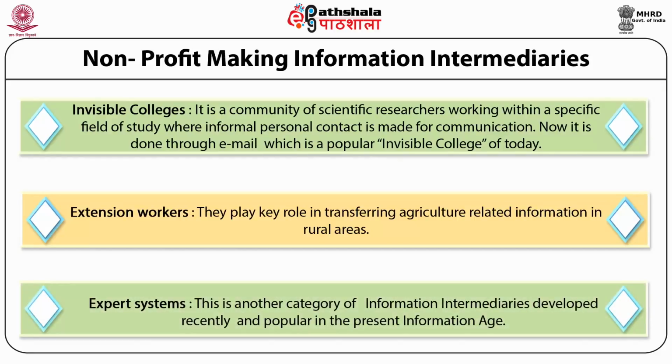Expert systems is yet another type of non-profit making information intermediaries. This category of information intermediaries has been recently developed and it has become popular very quickly in the present information age.